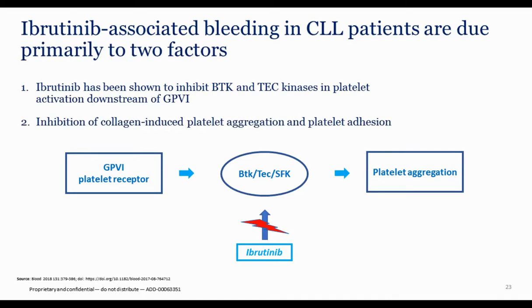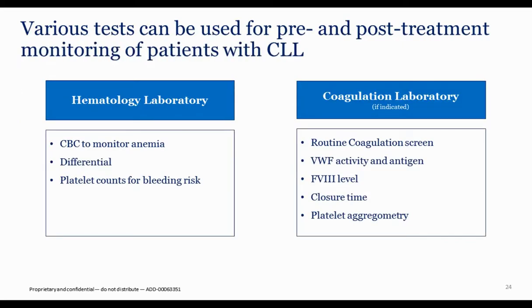This signal will be generated through the platelet and ultimately result in platelet aggregation or platelet adhesion. And it uses these kinases as it's being generated. It turns out that Ibrutinib actually inhibits these kinases such that the signal can no longer be generated, and this would affect the ability of these platelets to aggregate as well as to adhere.